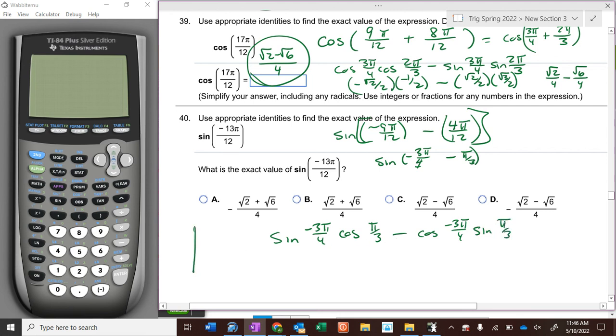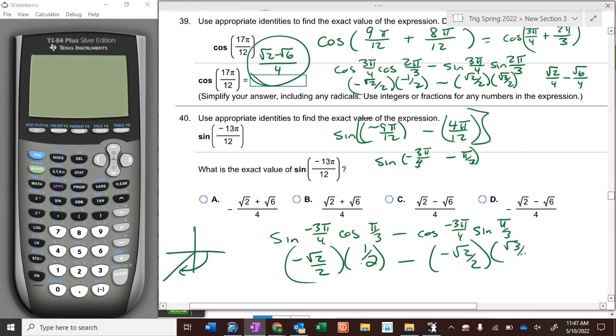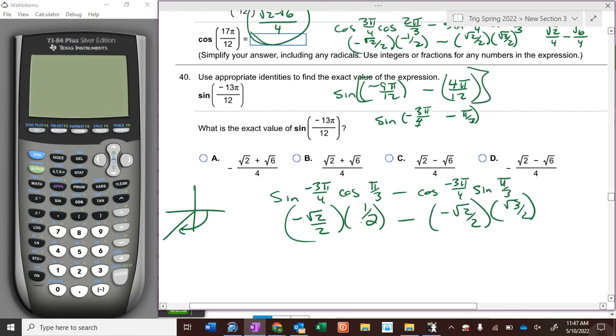Sine of negative 3 pi over 4. Negative 3 pi over 4 is down here in this quadrant. So it's negative square root of 2 over 2. Cosine of pi over 3 is 1/2. Cosine of negative 3 pi over 4 is same place, which is negative square root of 2 over 2. Sine of pi over 3 is square root of 3 over 2. So it's negative square root of 2 over 4 minus a negative square root of 6 over 4, a negative plus a positive.